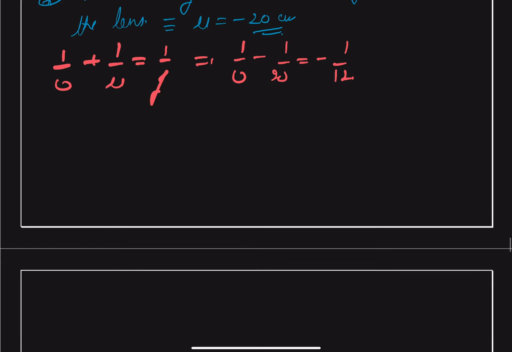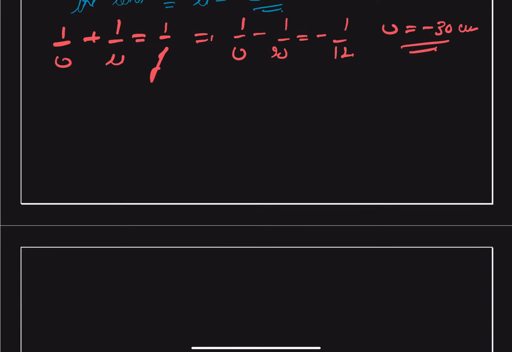So we get that v is equal to minus 30 centimeters. So image is formed 30 centimeter in front of the lens.